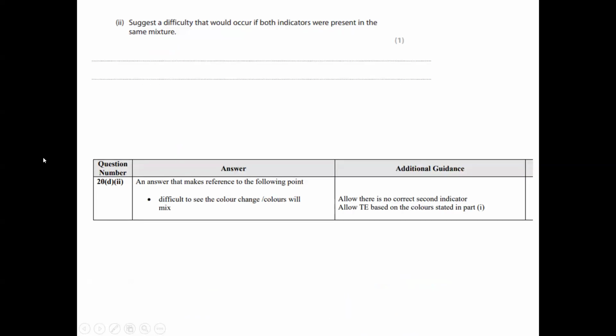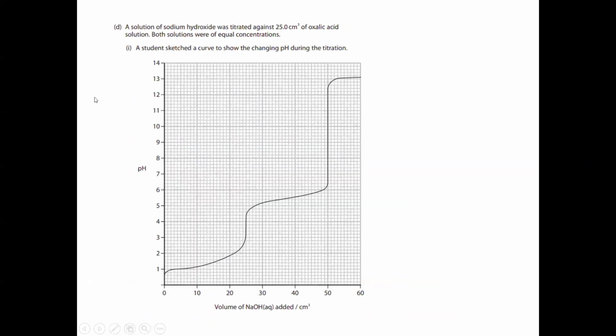Next, they're asking: suggest a difficulty that would occur if both indicators are present in the same mixture. We discussed that part. If I go back to the same place and use methyl orange here, its acidic color is red or very close to pink.